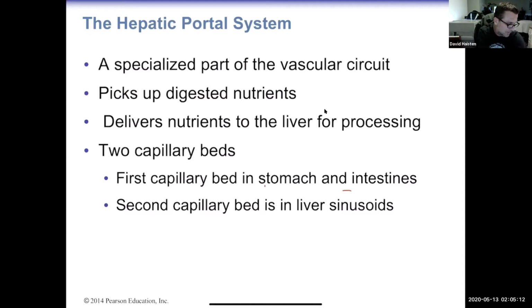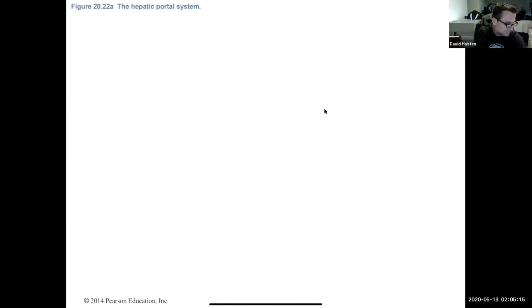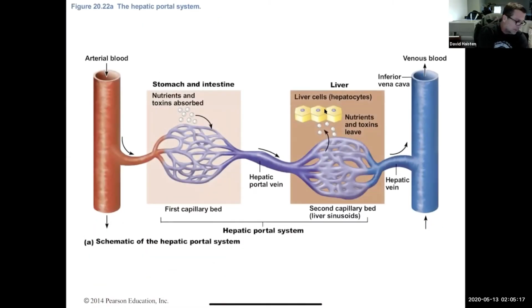Okay, so let's look at what this looks like. Here it goes. So arterial blood heads on over to the digestive viscera, and the spleen.